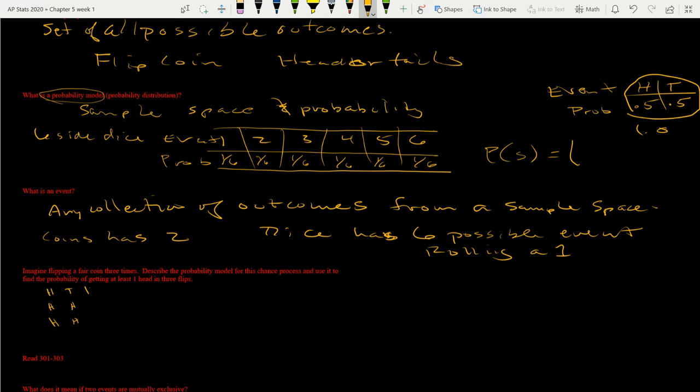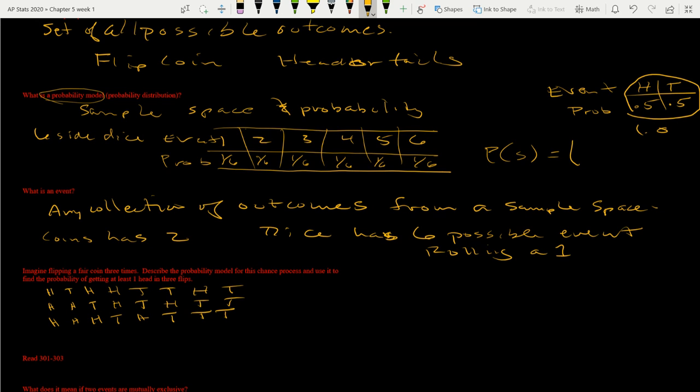You can end up in this order: heads, tails, heads. Or you can flip a coin and get heads, heads, tails. And then you can start working your other way around where it's tails, tails, heads. And then it's tails, heads, tails. Or it's heads, tail, tail. Or it's tails, tails, tails.